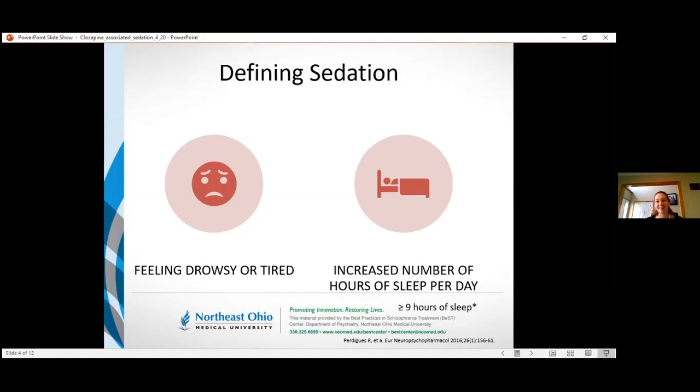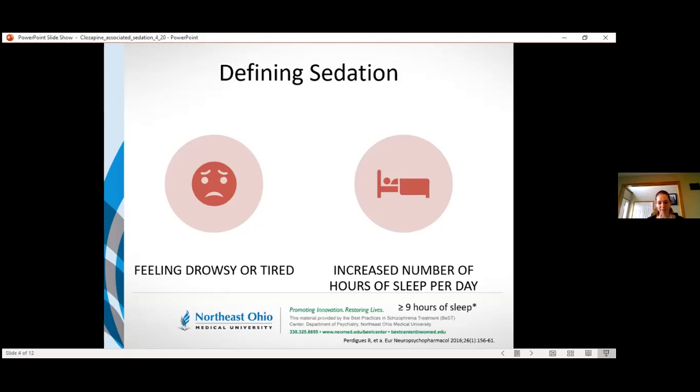We are using today that all-encompassing umbrella of all of them fit into this definition. The other definition that's been used more frequently recently is looking at the increased number of hours that a patient is sleeping per day. For this particular session, we're going to go with individuals who are sleeping at least 9 hours or more per day.